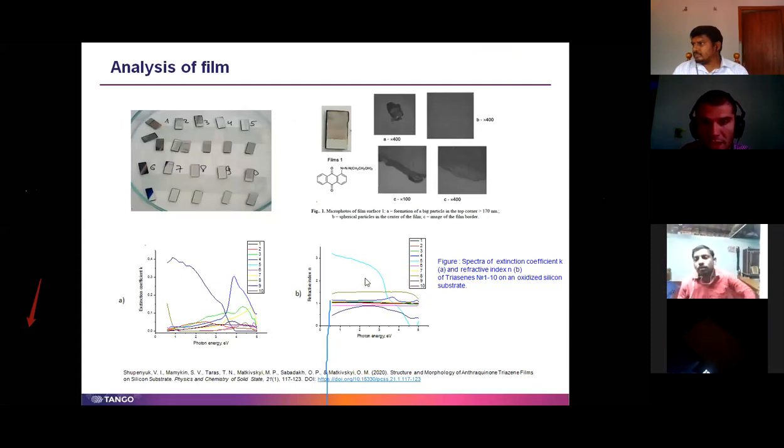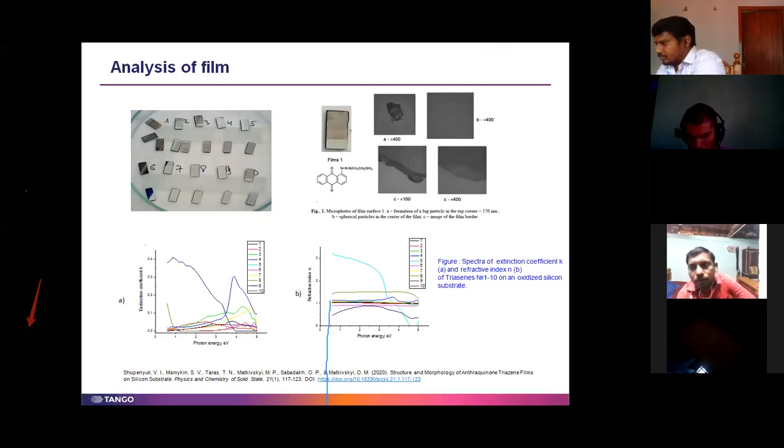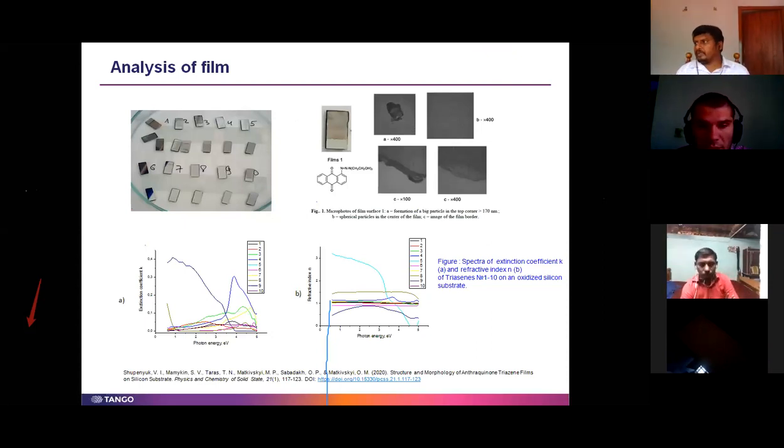Both in these graphics you see some of these peaks, and we have publications of some of the results.